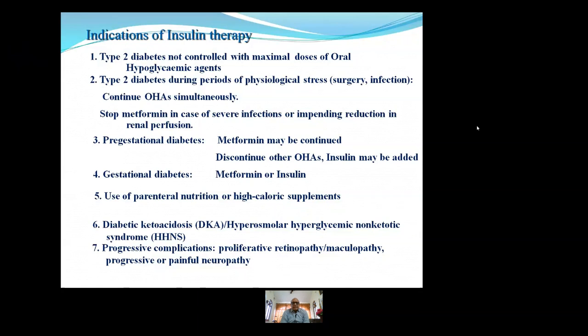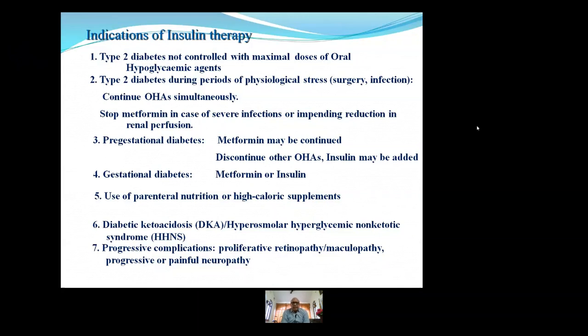Third, pre-gestational diabetes. Metformin may be continued. Discontinue other oral hypoglycemic agents. Insulin may be added. Pre-gestational diabetes means diabetes prior to pregnancy. Gestational diabetes is when blood sugar level increases during pregnancy: metformin or insulin.